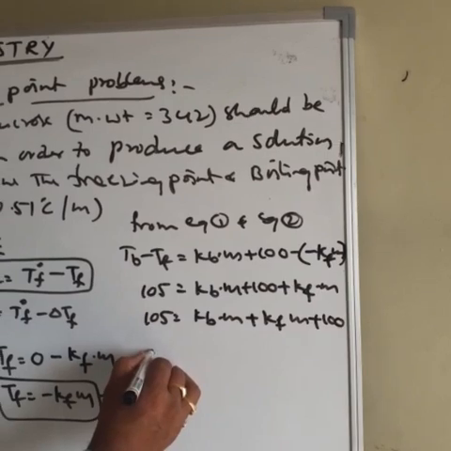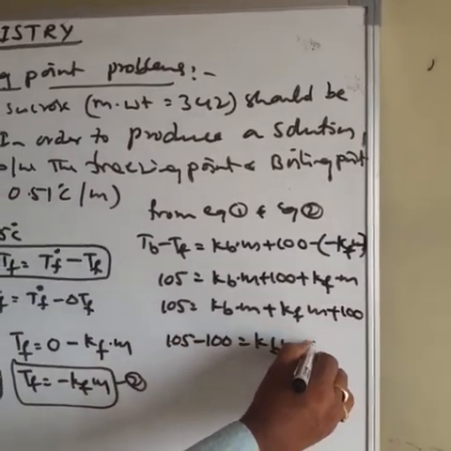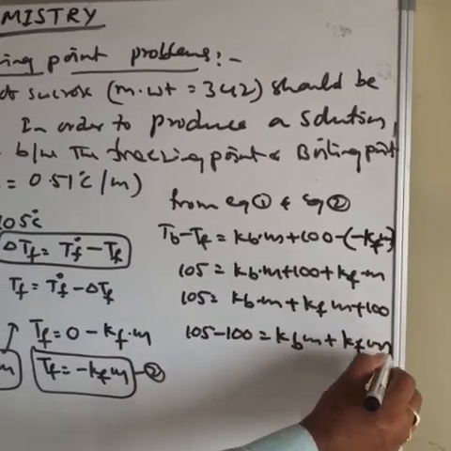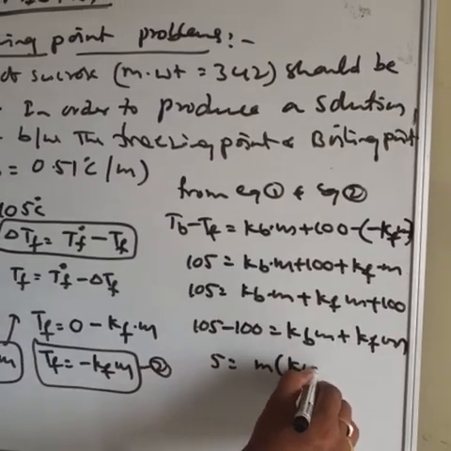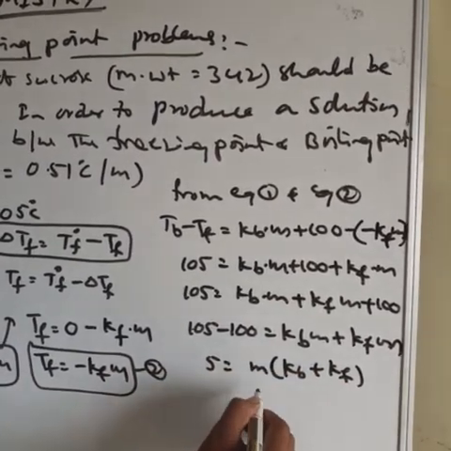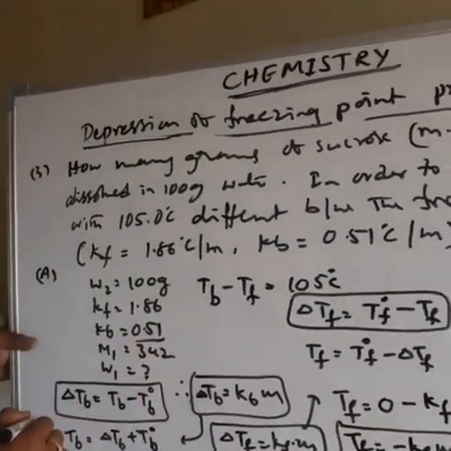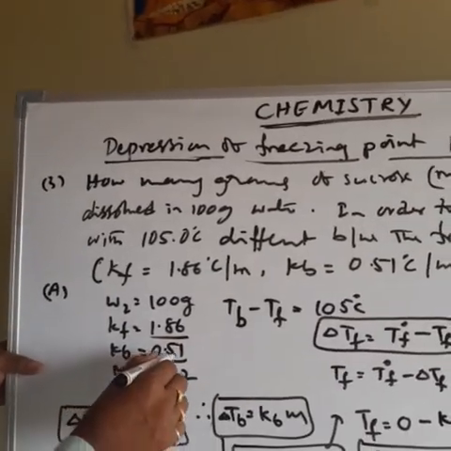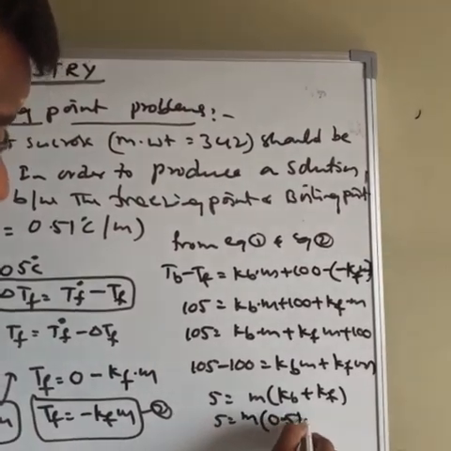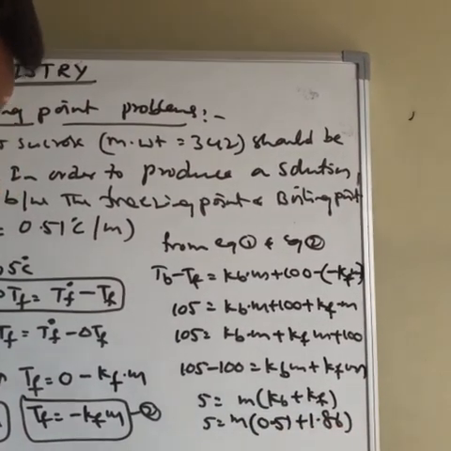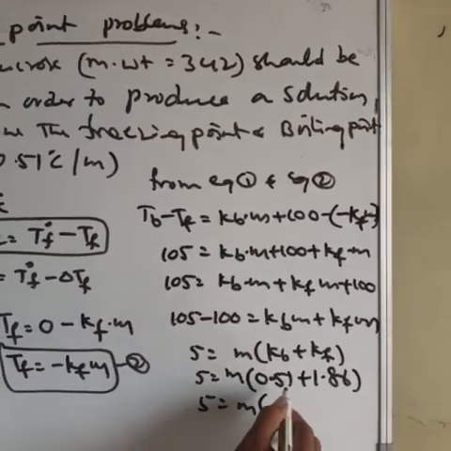100 comes to this one side. 105 minus 100 is equal to KBM plus KFM. Therefore 5 is equal to M, taking common, times KB plus KF value. KB and KF values they given in the problem: 0.51 and 1.86. So 5 is equal to M into 0.51 plus 1.86.